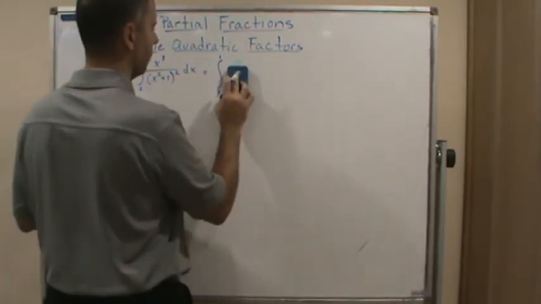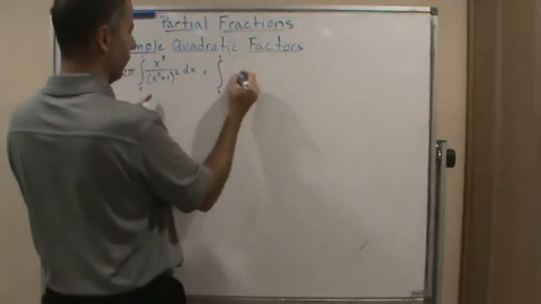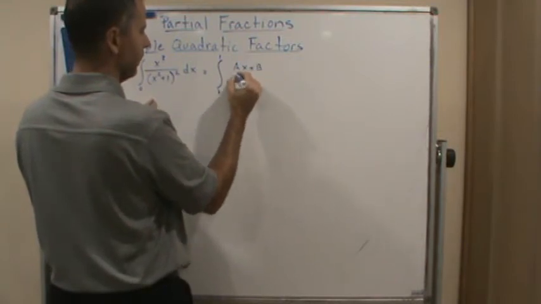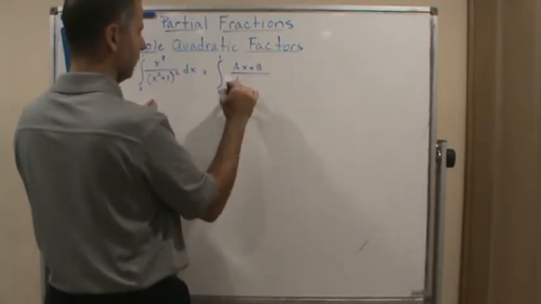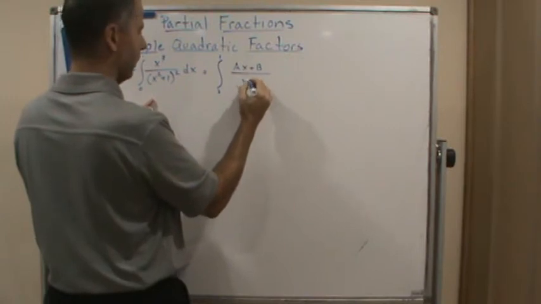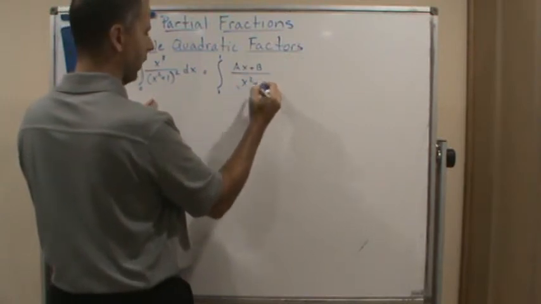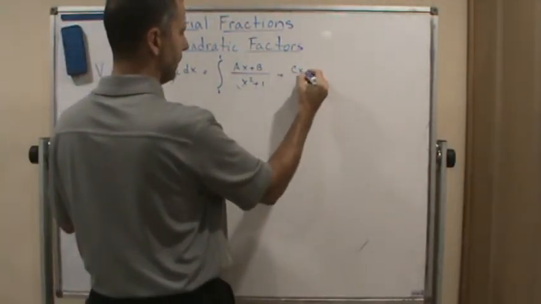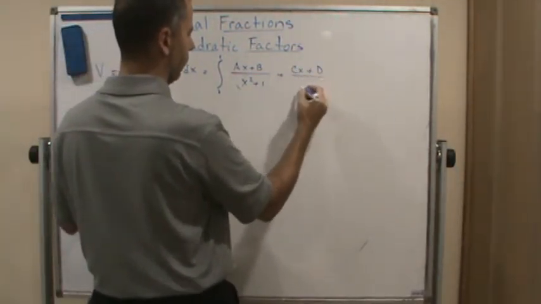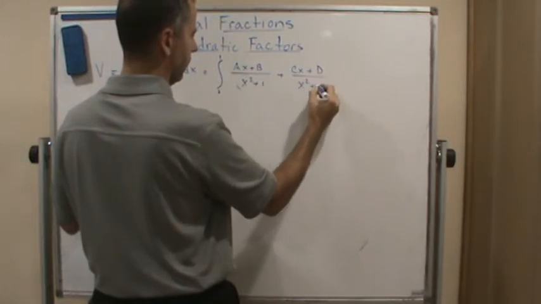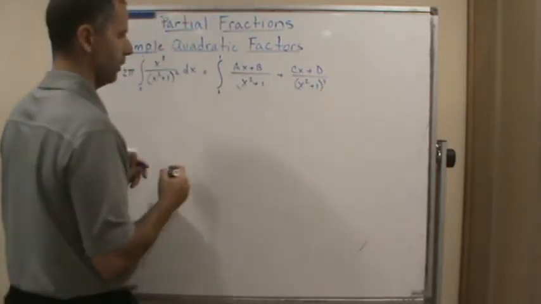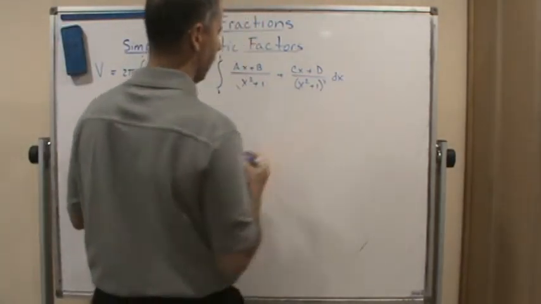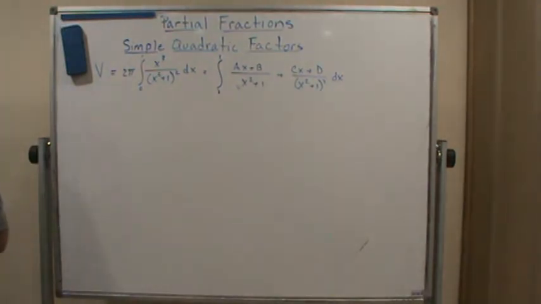We're going to rewrite this as ax plus b over x squared plus 1 plus cx plus d over x squared plus 1 squared. Okay, so now that's our setup.